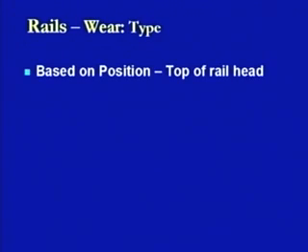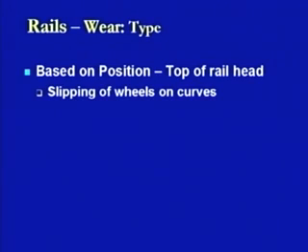Now, we will be looking at another aspect, that is some of the other reasons. There is the slipping of the wheels on the curves. In this case, what we have seen is that as the trailing axles are not following the forward axles, the wheels which are moving in the trailing condition try to slip, so that they can cover the extra distance, that is the differential distance between the outer rail and the inner rail on the curves.